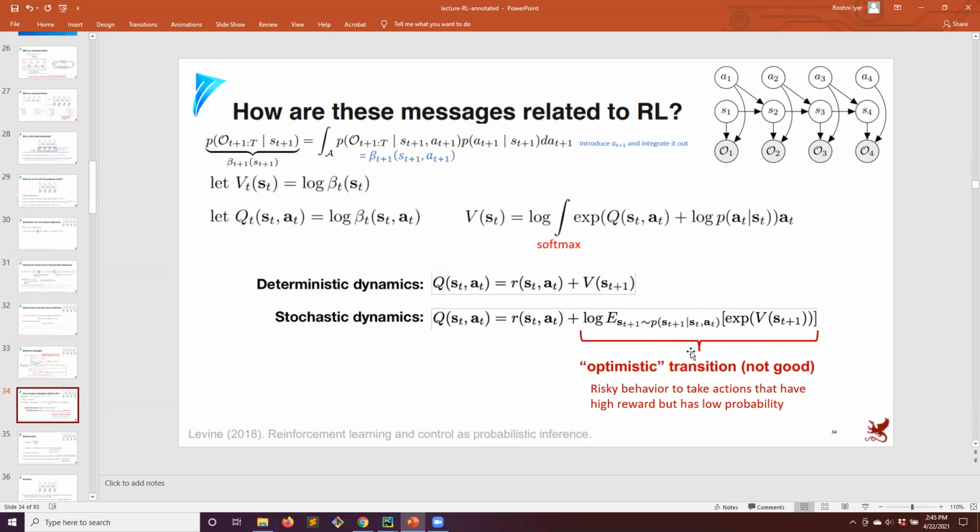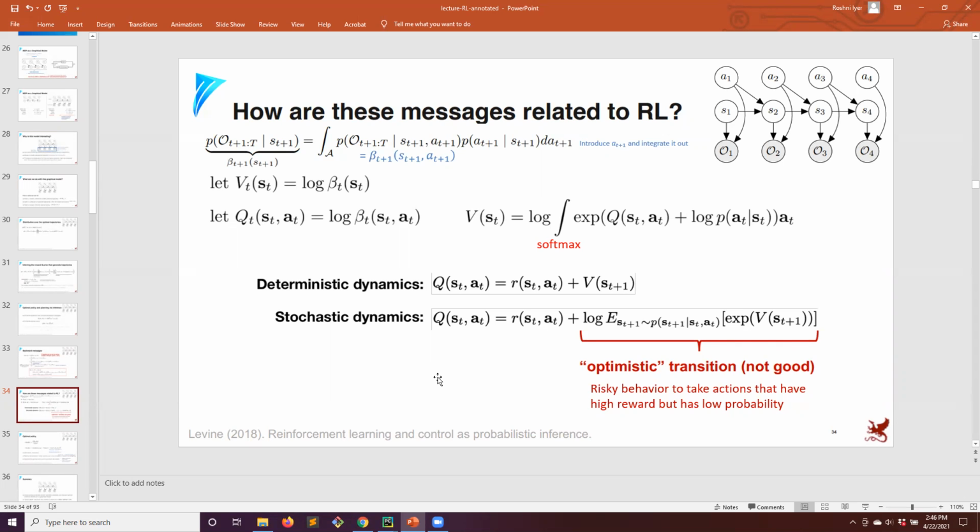The main difference is that in the stochastic dynamic case, we actually have this expectation under this probability distribution here. But there's one thing that we observe from this, in the sense that this is actually too optimistic of transitions, and that is not actually good. The reason is that if we follow this formula, it will enable the model to learn more risky behavior.